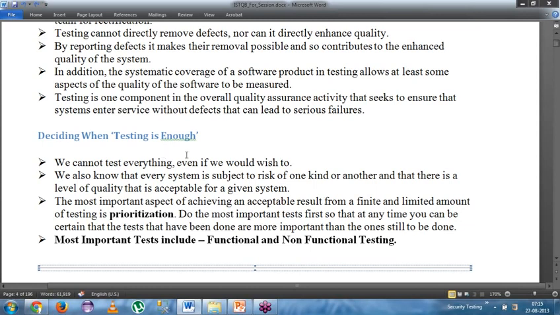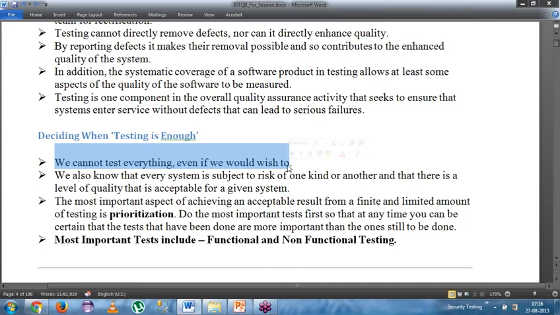First, the thumb rule that we need to understand is that we cannot test everything. In a complex system with all the permutations and combinations, we cannot test everything. Let's take a very simple example, my dear team. If you have a user ID and password field, both can accept alphabets, alphanumerics and special characters, and it can have a minimum length of 10 and a maximum length of, let's say, 256.